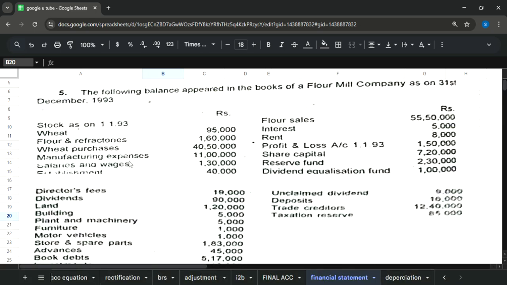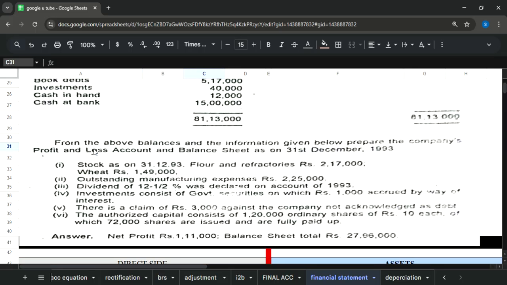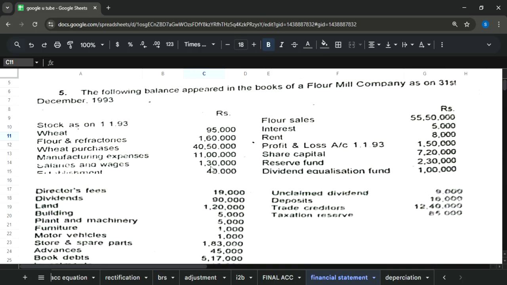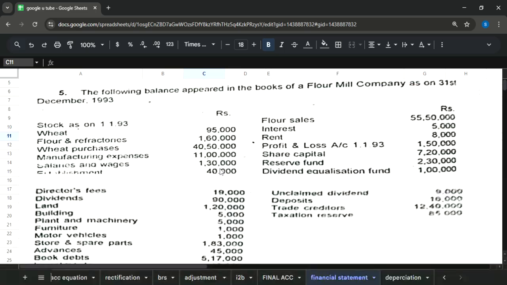Then we have salaries and wages. This is part of operating expenses, salaries and wages, amount of which 130,000 mentioned in front of it.